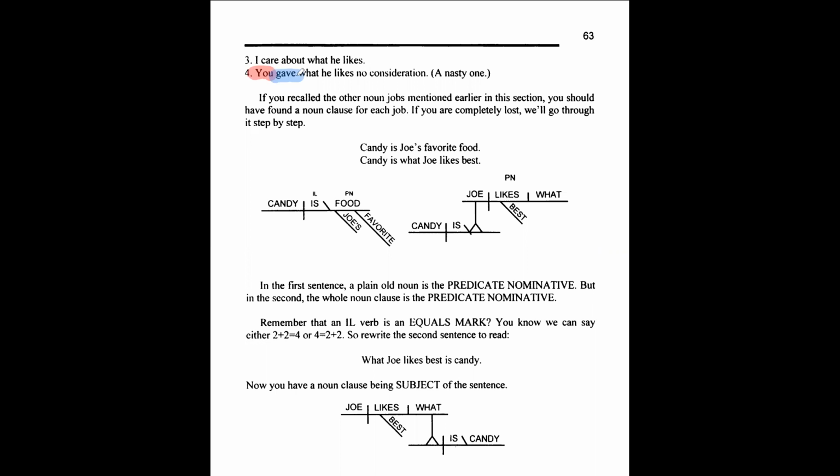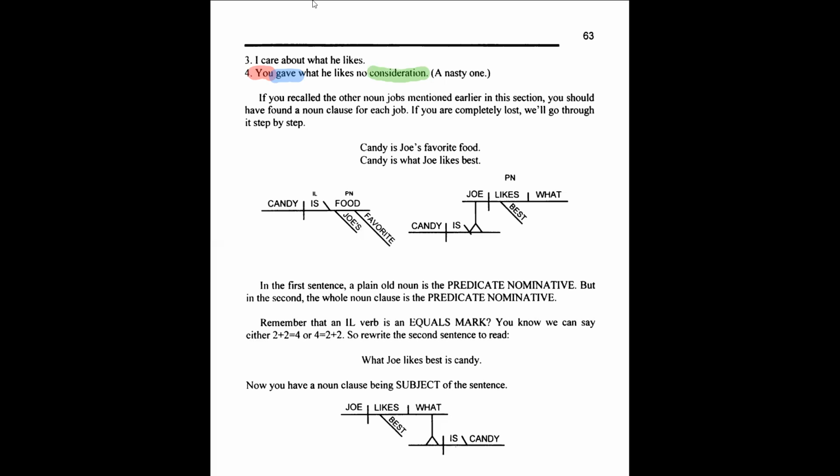Got to ask yourself, where's the direct object? You gave, what is it? You gave consideration. That's the direct object. No is modifying consideration. What kind of consideration? No consideration. So then, what is what he likes? You gave this no consideration.